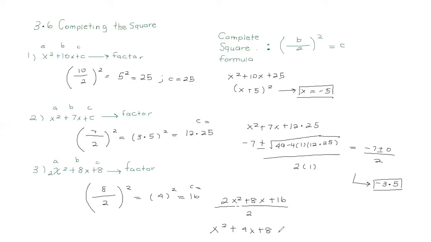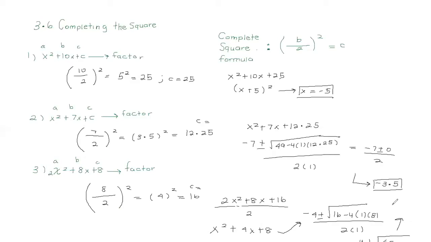This function cannot be factored, so we would have to solve it through the quadratic formula once again. So it would be negative 4 plus or minus the square root of b squared, which is 16, minus 4ac, which is 4 times 1 times 8, all over 2a, which is 2 times 1. So if we were to simplify this, we would get negative 4 plus or minus the square root of 48 over 2.